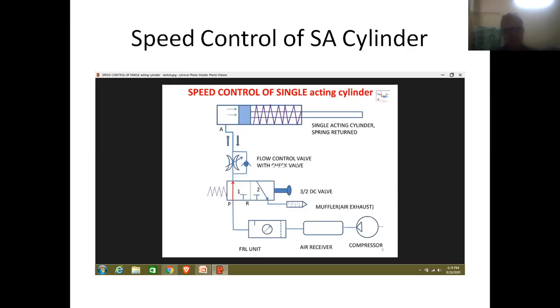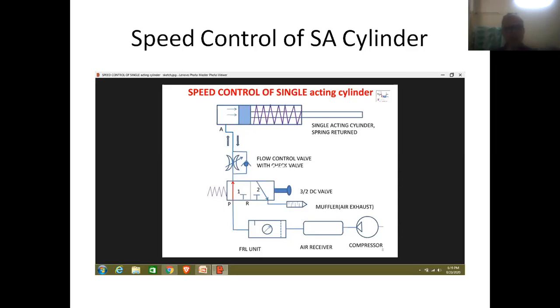So friends, we have talked about the purpose and arrangement of a flow regulator consisting of two valves. In this arrangement, the throttle valve is used for sending the fluid into the cylinder, and the check valve is used for receiving the fluid that is coming out of the cylinder.